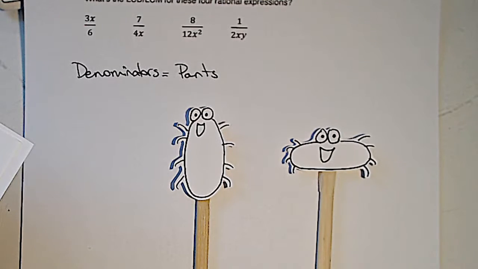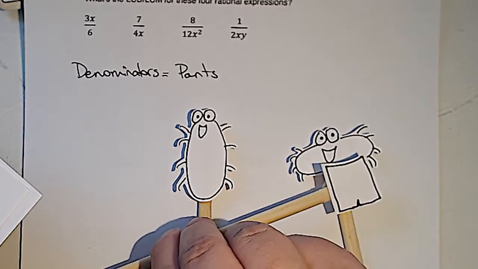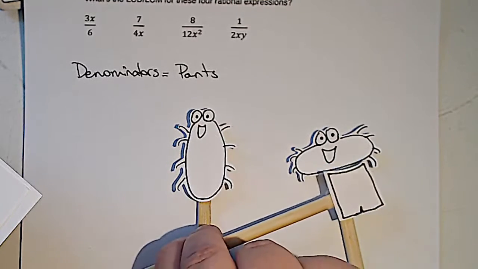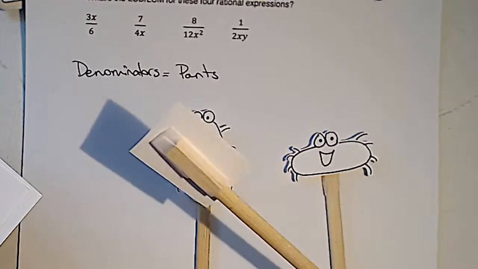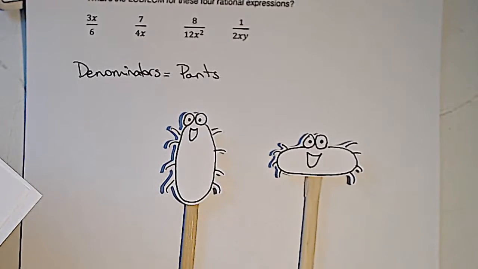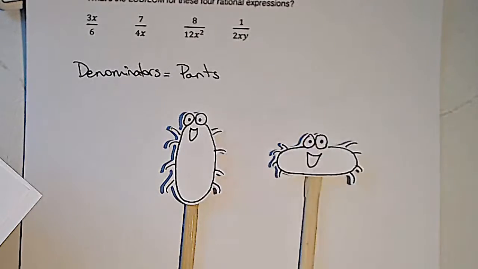Because if this spider were trying to get into these pants, that's never going to happen, right? So the pair of pants that this one would wear, never going to fit. So what have I done to find this pair of pants? Well, I've looked into what each one wanted, and this spider needs them to be this long.